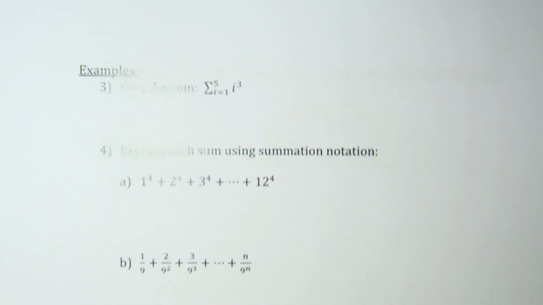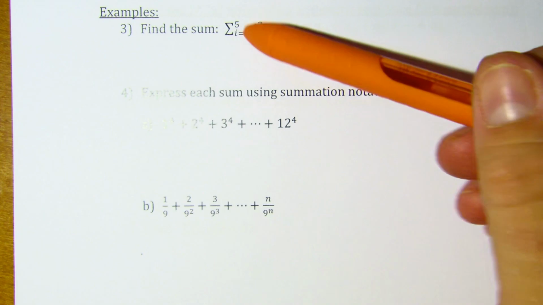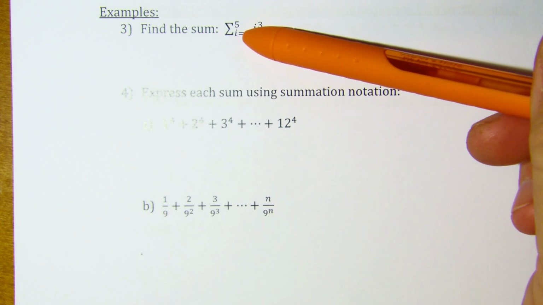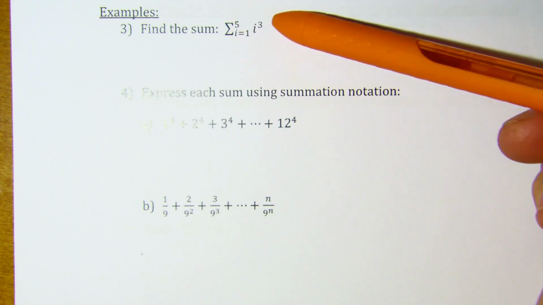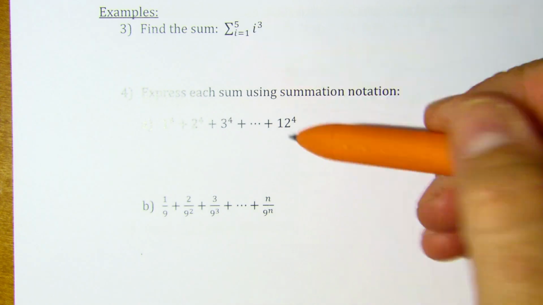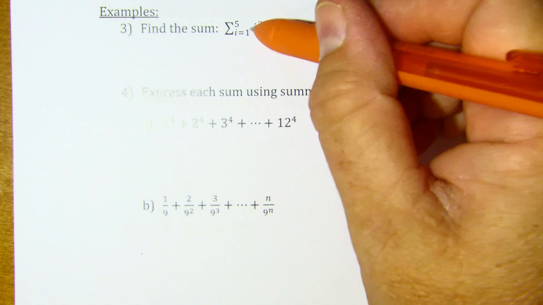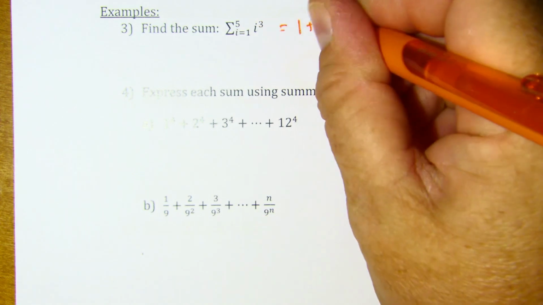Here we have an example with summation notation where we want to find the sum of the first 5 terms. So from term 1 to term 5 following this equation here. The first term, plugging in 1 cubed is 1. And then plugging in 2 cubed is 8.